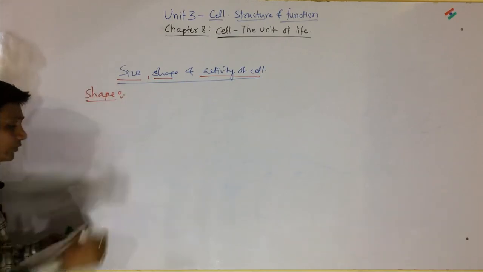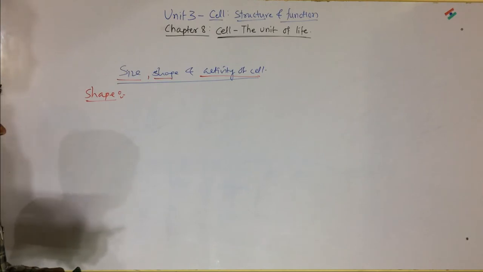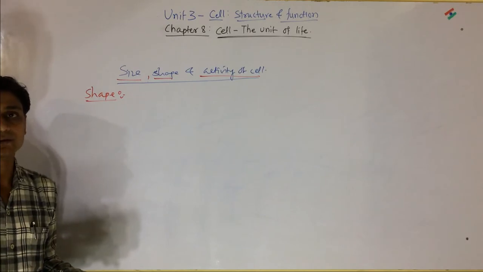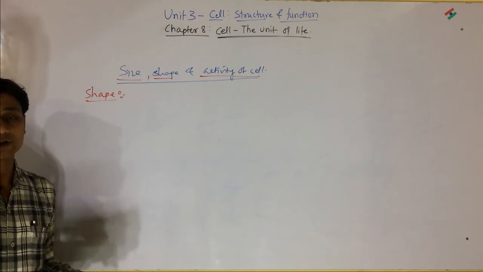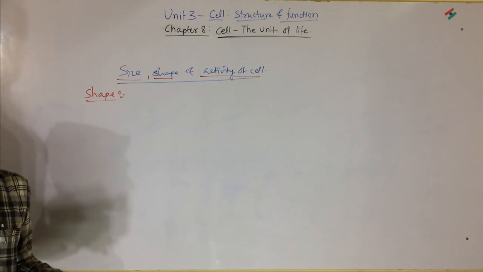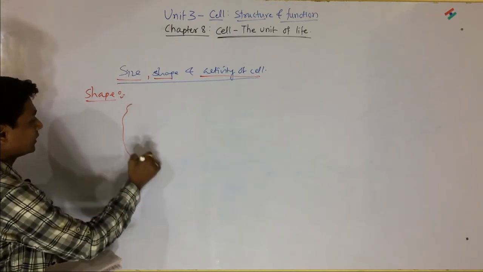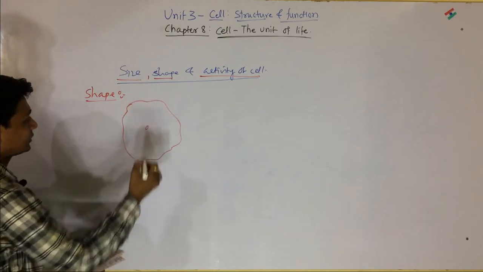For this we will draw some diagrams which show the difference between different types of cells and which organism has that type of cell. So first we draw one shape of cell.